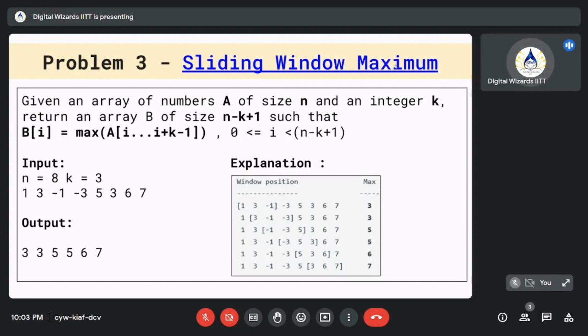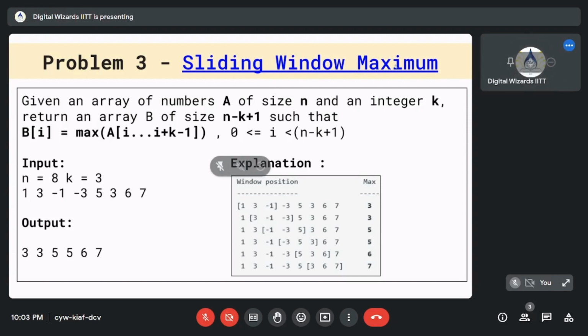Okay, so what is the purpose then? You are just iterating to reach that point only. Okay, so you are saying I'll find the maximum during that duration, right? For the first time it will work, definitely. So 1, 3, minus 1, minus 3.